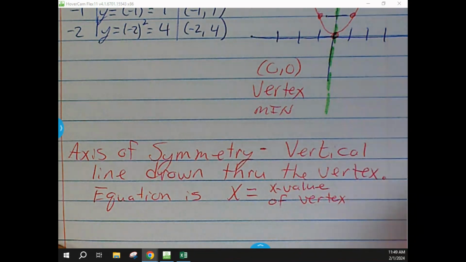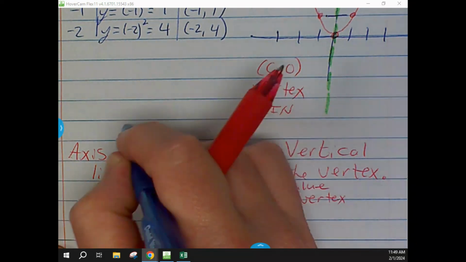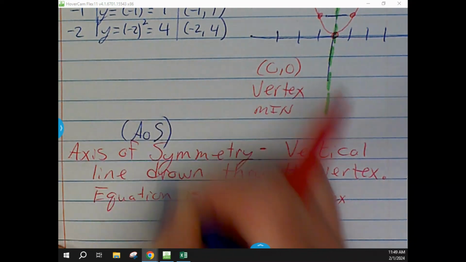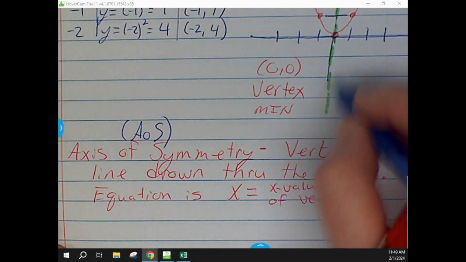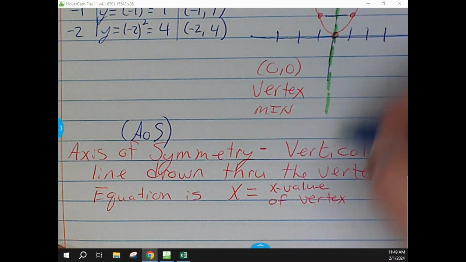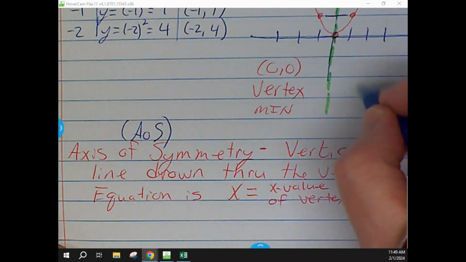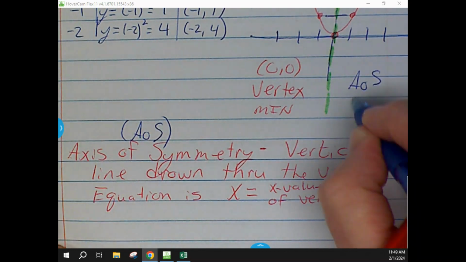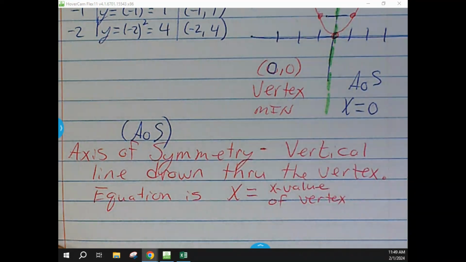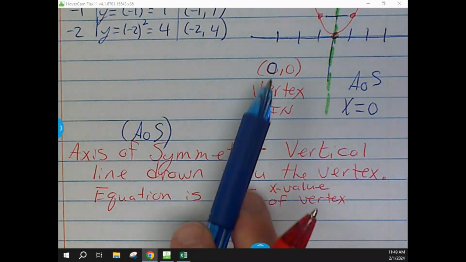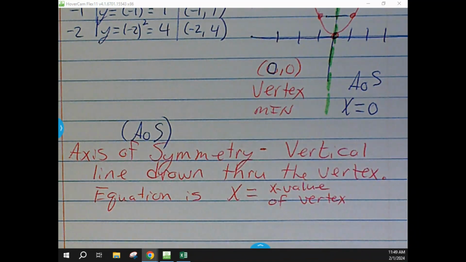When we talk about axis of symmetry, we don't have to write it out every single time; you'll see me just put AOS for short. So for this one, this green line that we drew, dashed, that's our axis of symmetry, and it's just x equals this 0 that's here. Once you've got your vertex, they're going to ask you to find the axis of symmetry, and whatever that x number is, that's what you put there for x equals.